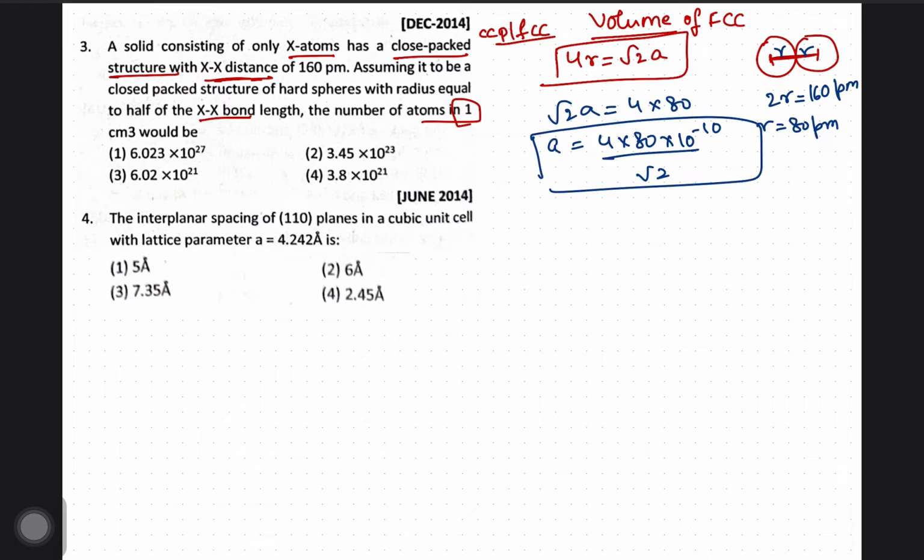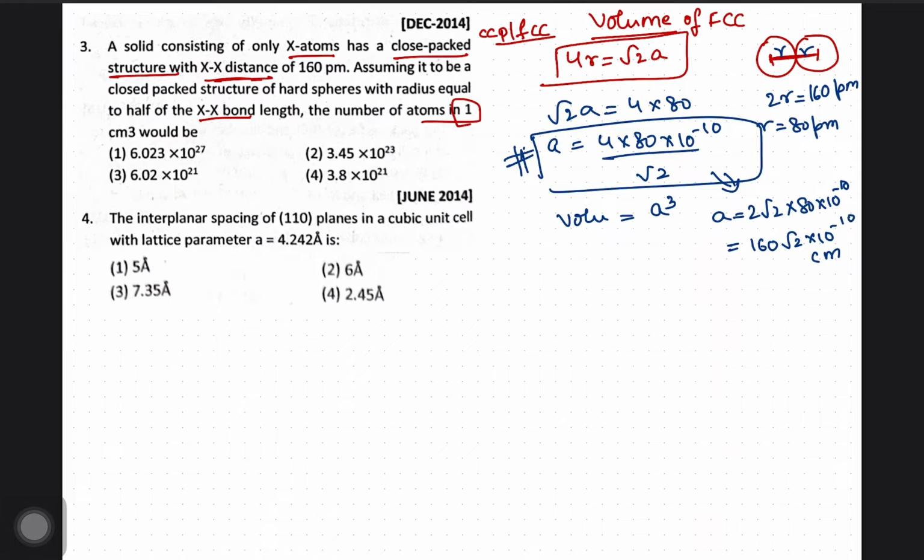Now we know that volume is a cube, so you have to cube this value. Firstly you will calculate this a from here. If we multiply and divide by √2, it will come 2√2 into 80 into 10 raised to power minus 10, that is 160√2 into 10 raised to power minus 10 centimeter.